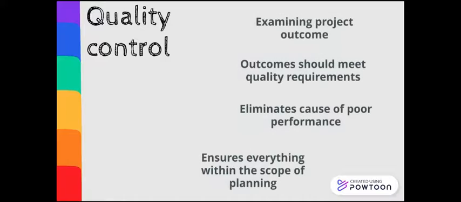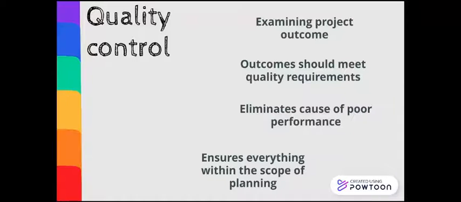So, quality control. Quality control is an important aspect of project management. And effective quality management of a project lowers the risk of product or project failures. And it will also lower the risk of unsatisfied clients. Quality control involves the continuous process of examining project outcomes, and those outcomes should meet quality requirements.